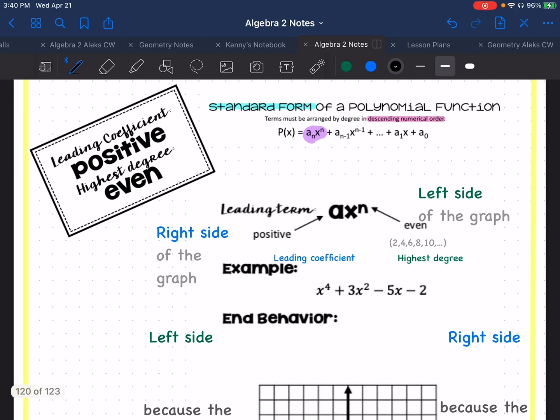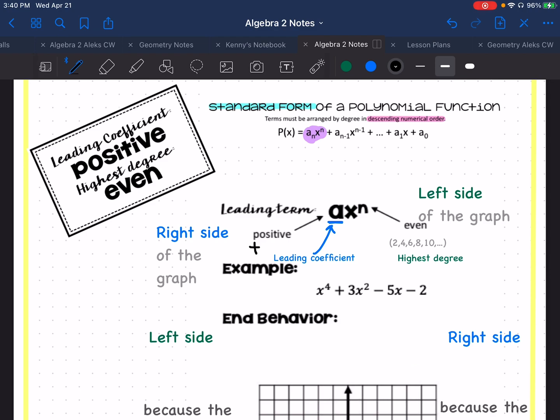All right, so what happens when my leading term has a leading coefficient that is positive and its highest degree is even? Let's go ahead and look at our leading term. This is our leading term right here because notice it matches this right here in standard form. What they're talking about here is that your leading coefficient, this part right here, is a positive number.